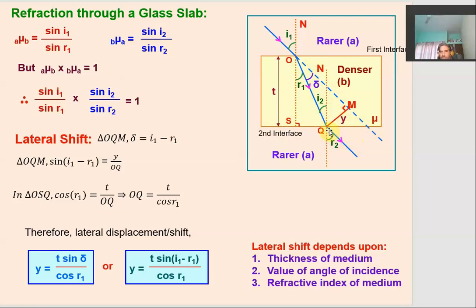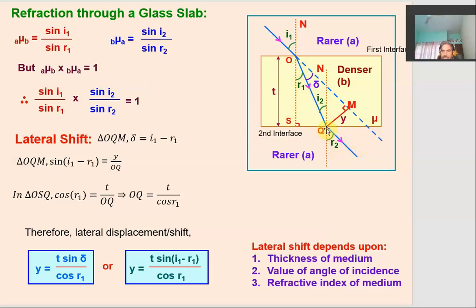So the light ray will move away from the normal whenever it crosses this interface. It will bend away from the normal now, because at this second interface the light is coming from a denser medium and emerging into the rarer medium. So light slightly bends away from the normal and makes an angle R2 as the angle of refraction at the second interface.